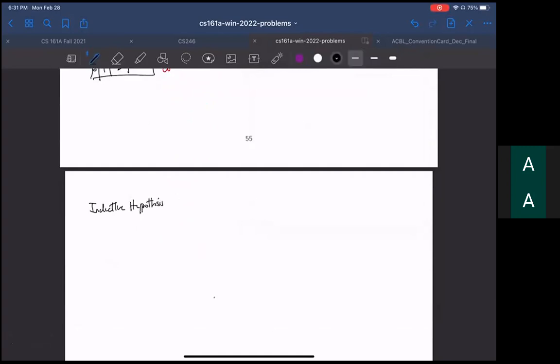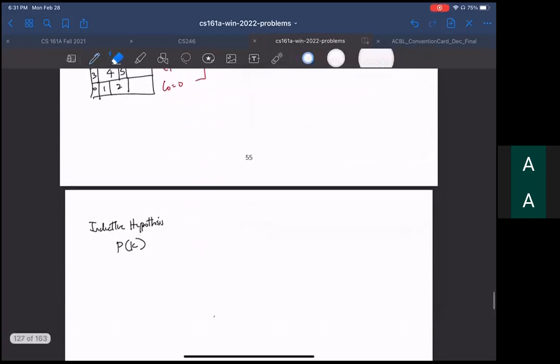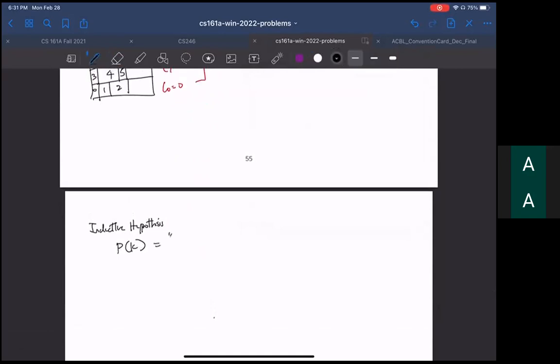Let's call that P of K. P of K is: after the algorithm makes the choices C equals C0, C1, to CK minus 1, there is an optimal extension.